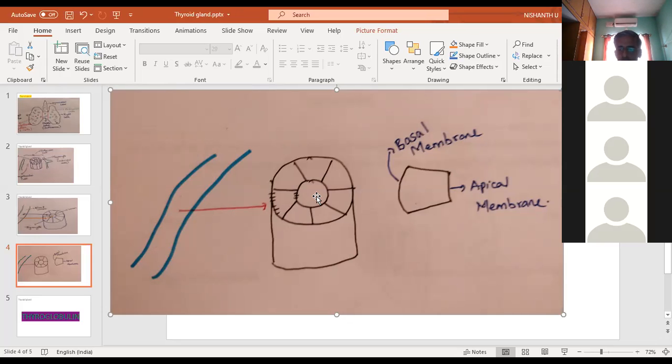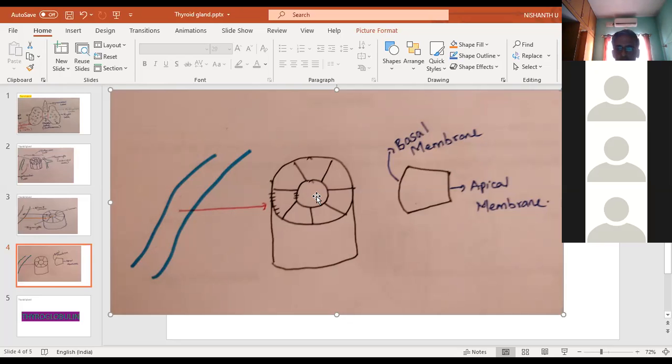A benzene ring will be there. So a lot of tyrosine will be present in the thyroid gland. That means thyroid hormone, whether it is T3 or T4, is nothing but a protein, a proteinaceous or peptide hormone. Protein is composed of amino acids, but what you have to understand is that a very rich amount of tyrosine will be present in both T3 and T4.